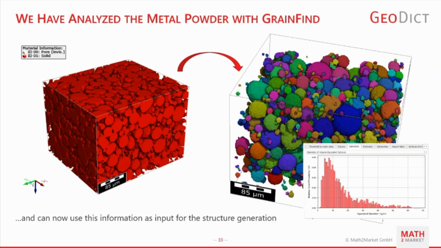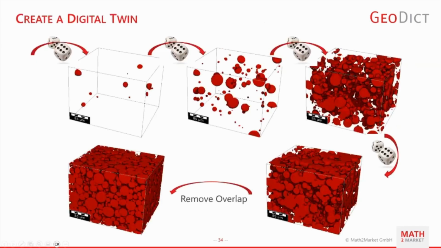And if we take the results from GrainFind into GeoDict StrainGeo, then we can use this statistical approach and get randomly put in grains that have the same size distribution as the original structure. And then we put in more grains until we have the same amount of grains as in the original structure.